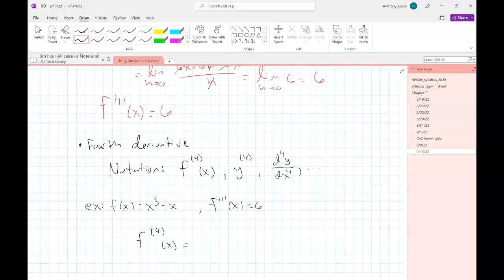Think about the graph. It's going to be 0. What's the graph of y equals 6 look like? Horizontal line. What's the slope at every point along that horizontal line? 0. What are all the derivatives after the fourth derivative going to be in this case? For this specific example, right? You could take the 10,000th derivative. It's going to be 0.